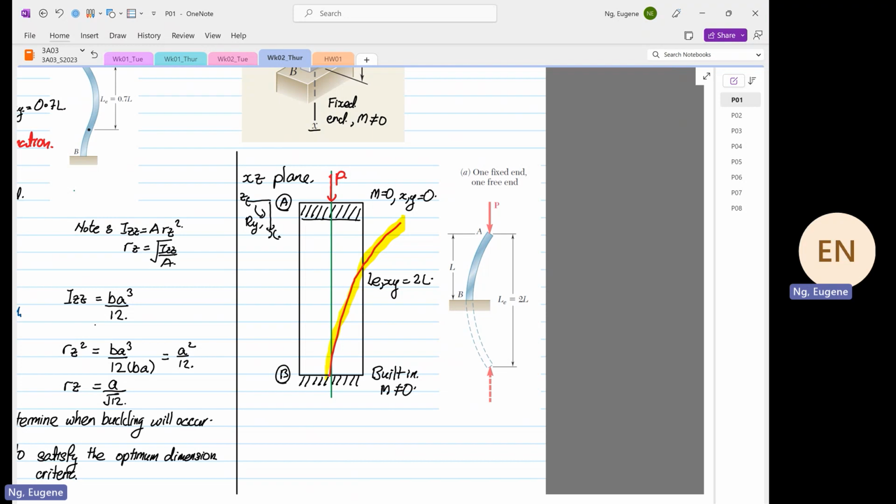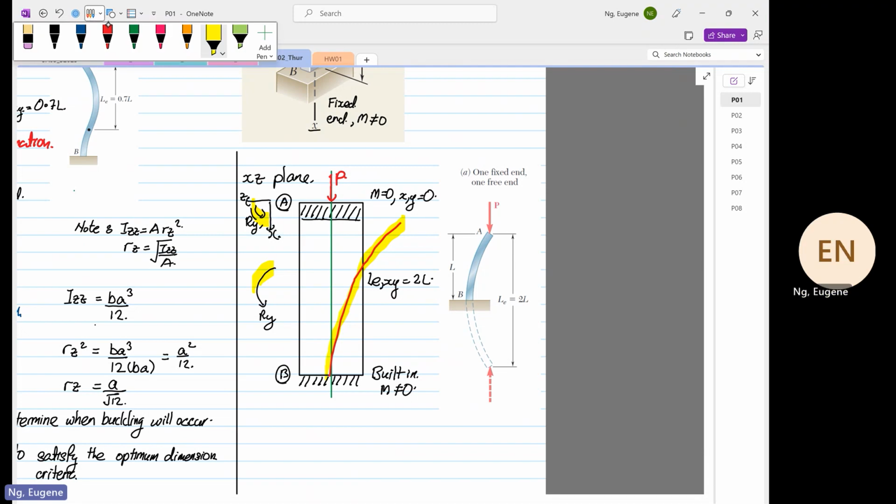The radius of curvature, so the curvature of this and the curvature of the arrow over here have the same curvature. If I have to draw, probably you don't see it yet. Let me sketch. So this is our rotation about Y. This curvature and this curvature have the same orientation.